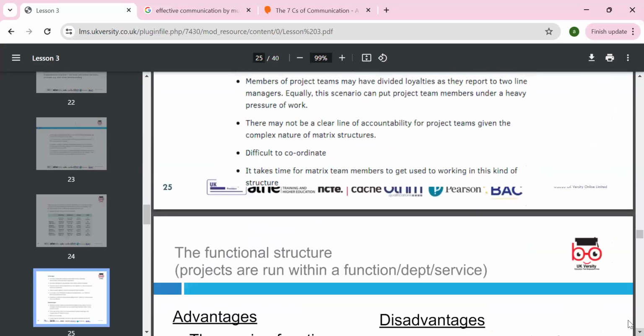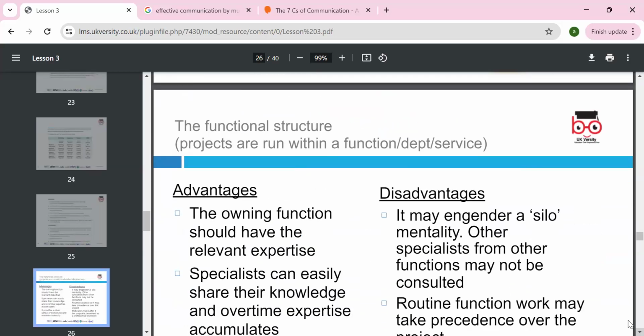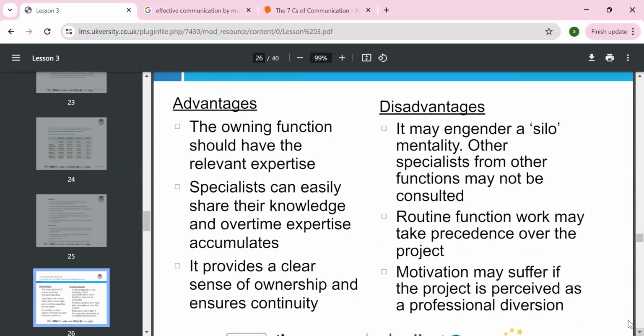The matrix team has to be used in working. So we can look around the functional structure, which is its own function and should have relevant expertise, especially in there. It must not be in a silo, which we can look around, or use other specialists from other functions.